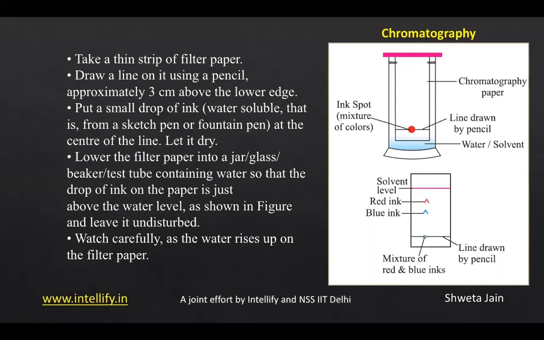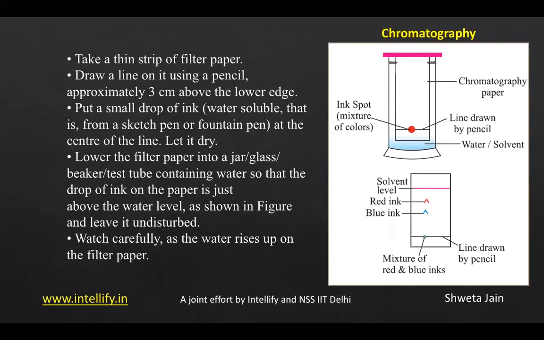After it dries, we will take a jar or a glass or a beaker or a test tube with some water at the bottom, and we will dip this filter paper in that jar in such a manner that the line with the drop of ink on it is just above the water level.